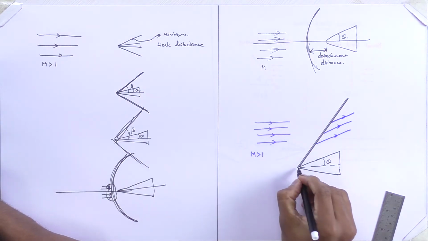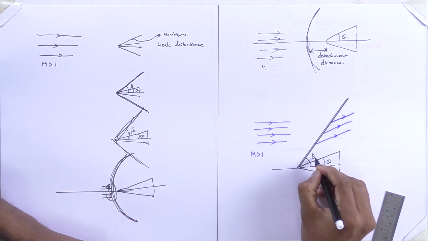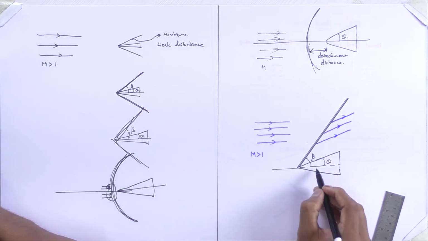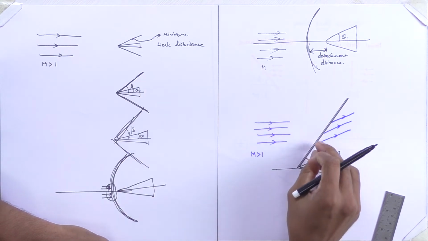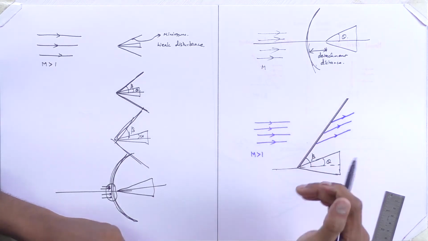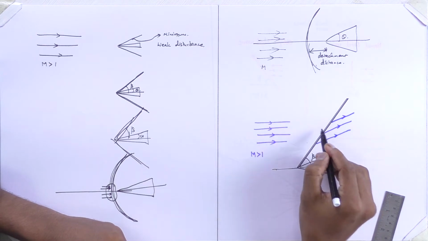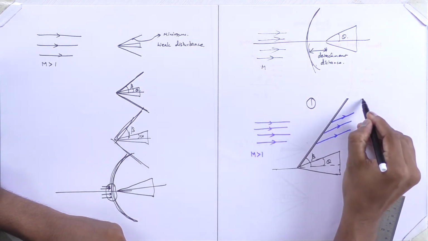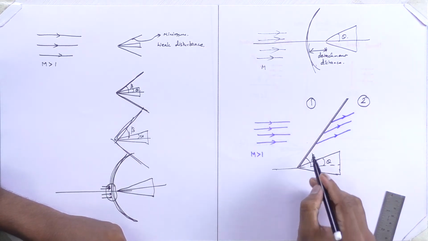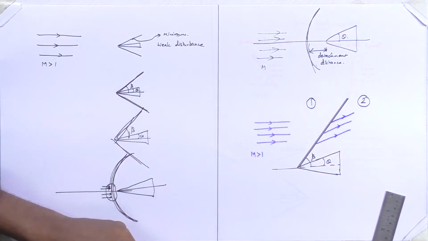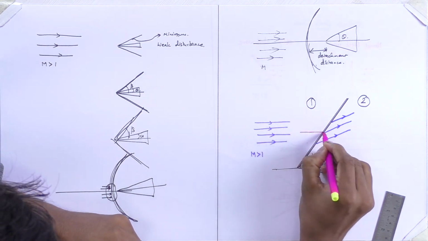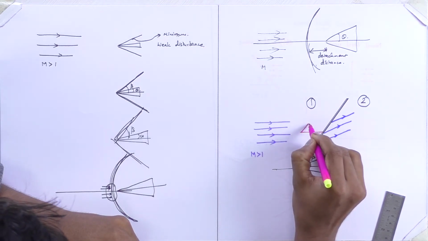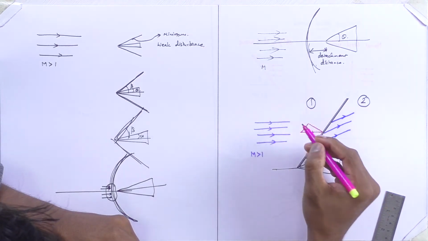Here the shock wave angle beta is the angle between the upstream flow direction and the wave. Now I am going to analyze this shock wave using normal shock wave relations. For that, I am going to consider the upstream region as state point 1 and the downstream region as state point 2. Here I am going to split the upstream velocity vector into two components: one is the normal component and another is the tangential component.